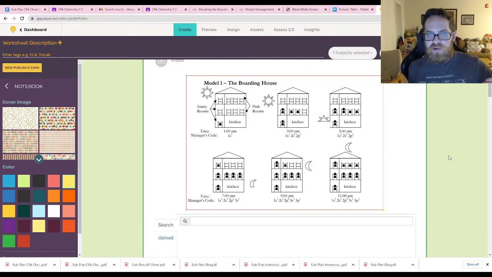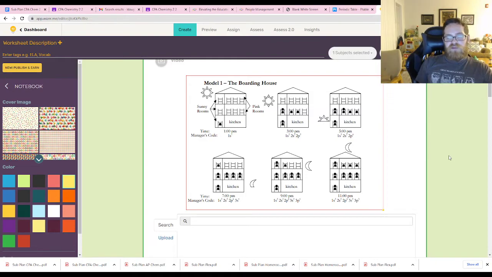They are boarded, which means to give them housing. It describes two different types of rooms, sunny rooms and pink rooms. The sunny rooms are just a clever way of saying s orbitals. That's why it's an S. The pink rooms are p orbitals. That's why it's a p. And the manager's code is just the electron configuration.